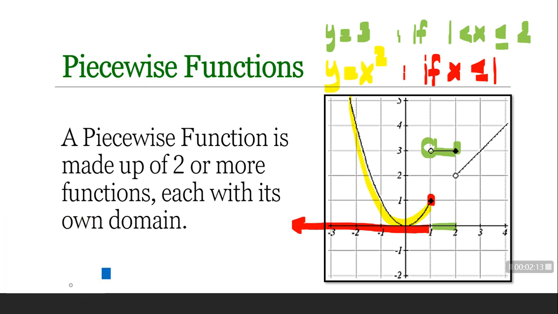The last section of our function starts at x equaling 2 and travels all the way out to positive infinity as it increases to the right. It begins at x equaling 2, but it doesn't actually equal that value because it has the open circle.